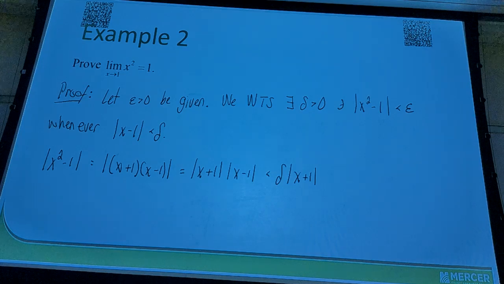Our choice of delta needs to be independent of x. Let's add an additional restriction. Let's assume that delta is also less than 1.